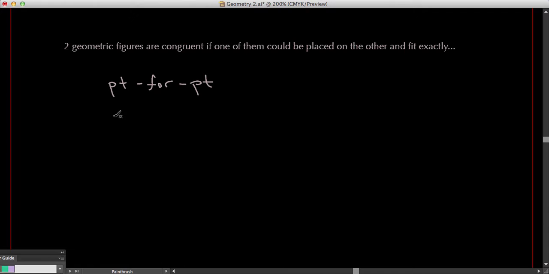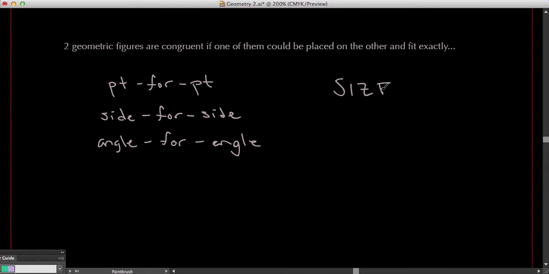Every point matches up with every point in the other one. Side for side, and angle for angle. They are completely the same. They are congruent. They have the same size and shape.